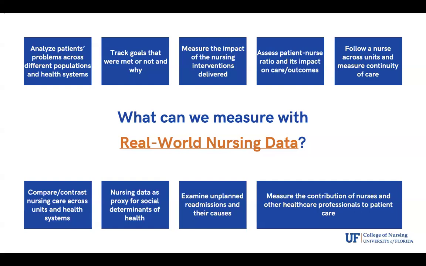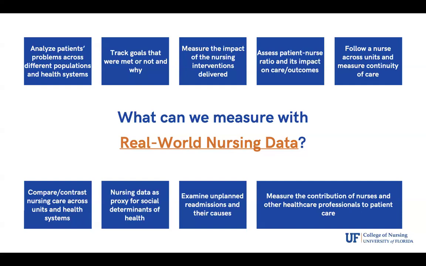Did you have the same nurse providing care 3 days in a row, or different nurses? Was that nurse taking care of your patient alongside 5 other patients on that shift? All of that metadata is very rich and allows us to compare and contrast nursing care across different units and health systems. You can examine different outcomes of interest, including unplanned readmissions, which is the case of our project.